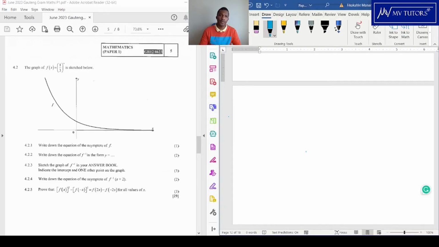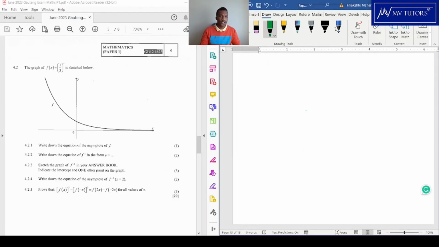It's where the graph wants to touch but doesn't touch. It goes towards that point but never touches it. So the answer is simply y is equal to 0, because it never touches where y is equal to 0. That's basically the x-axis.